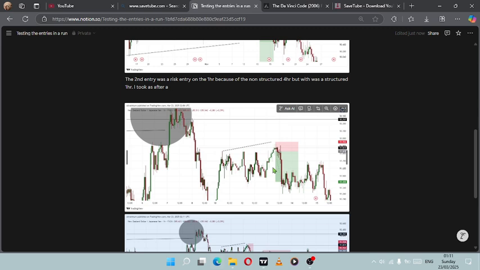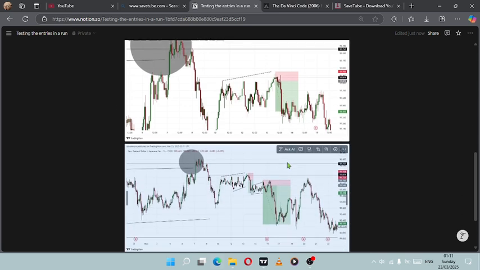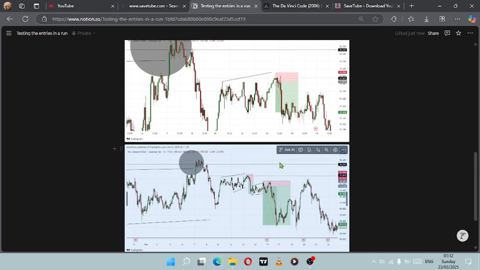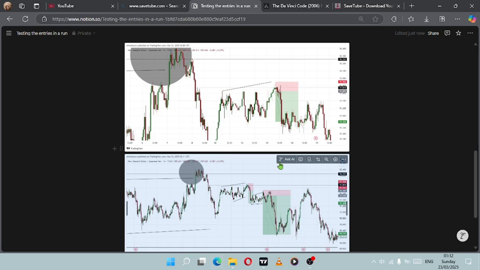So the 1 hour reduced risk entry for the 4 hour risk entry.